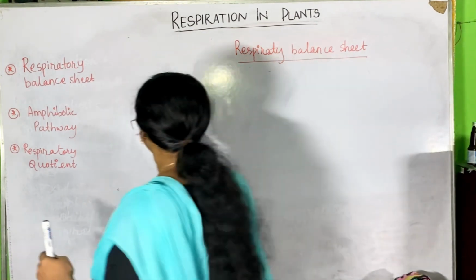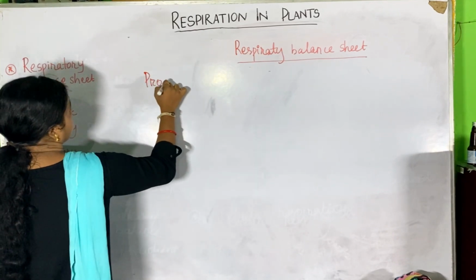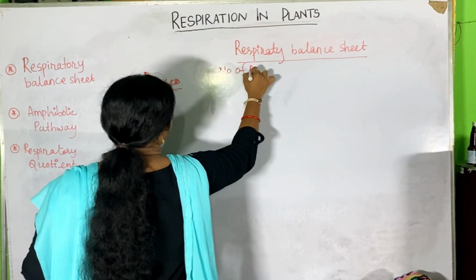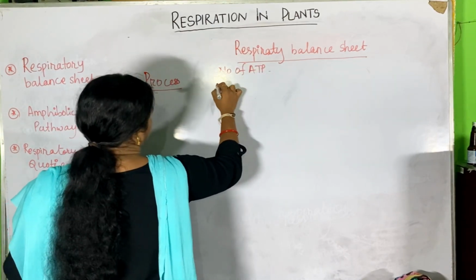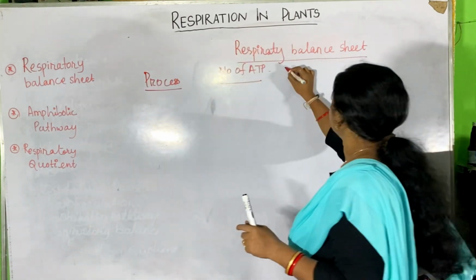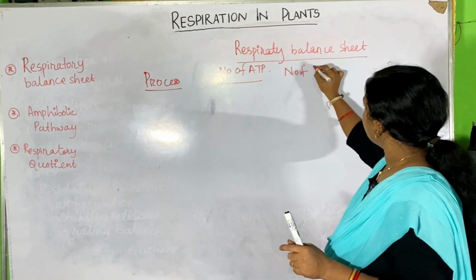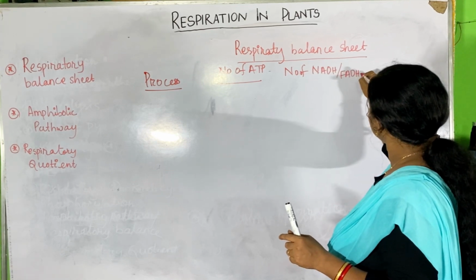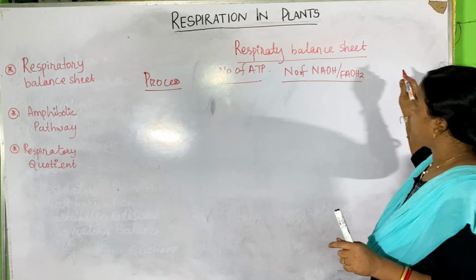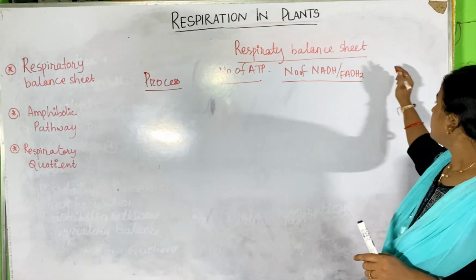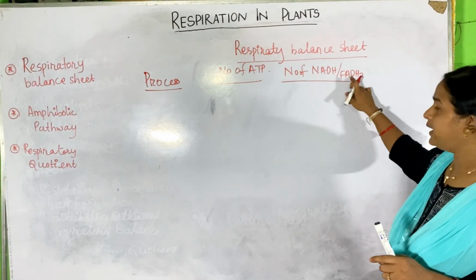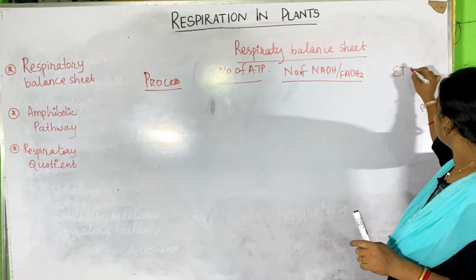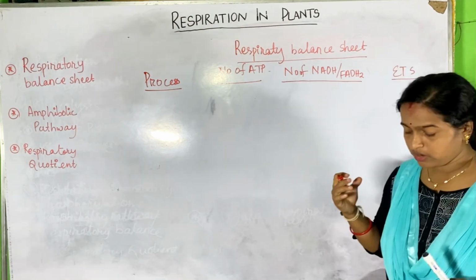We look at the process, the number of ATP in substrate level phosphorylation, the number of NADH or FADH2, and then how much ATP is produced from NADH and FADH2 in oxidative phosphorylation or ETS.